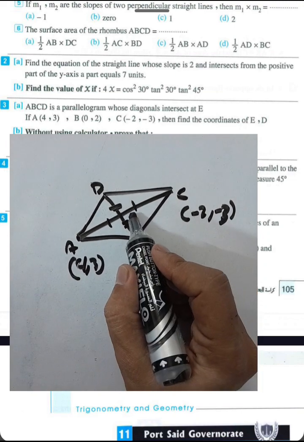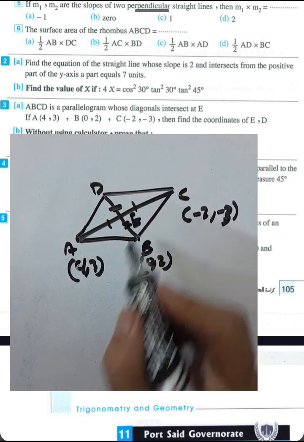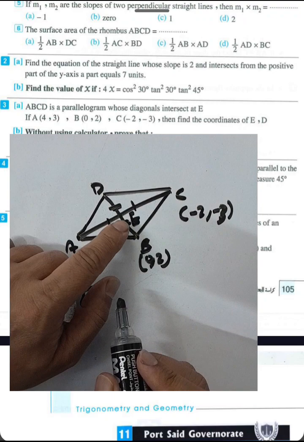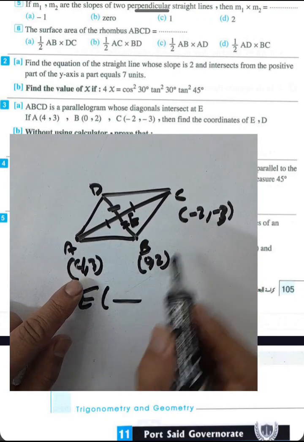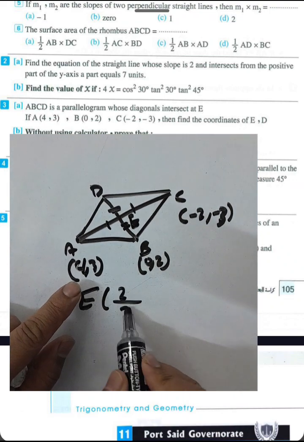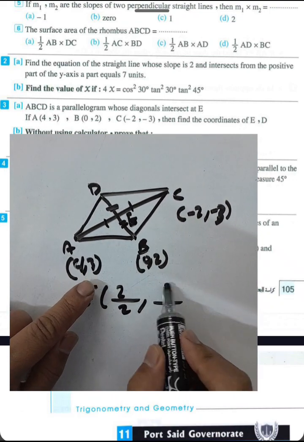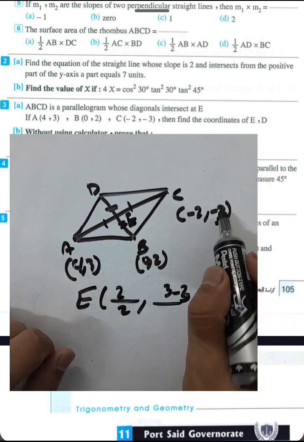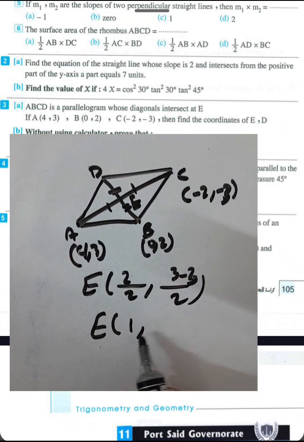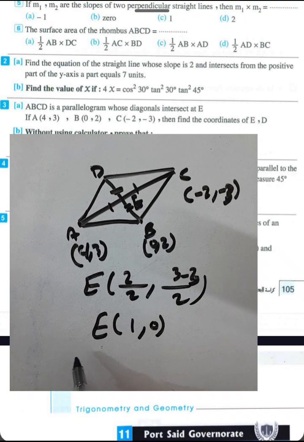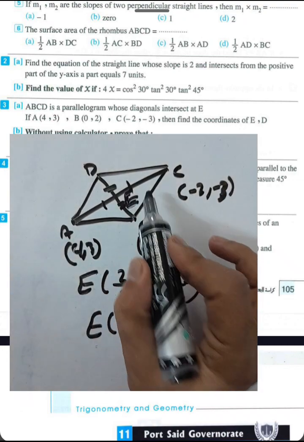We can find the coordinates of E because E lies in the middle of AC. You add -2 plus 4 divided by 2, which is 2 divided by 2, and 3 plus -3 divided by 2. Then the coordinates of point E will be (1, 0).